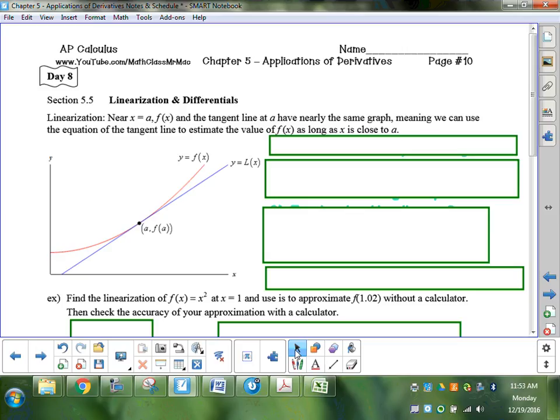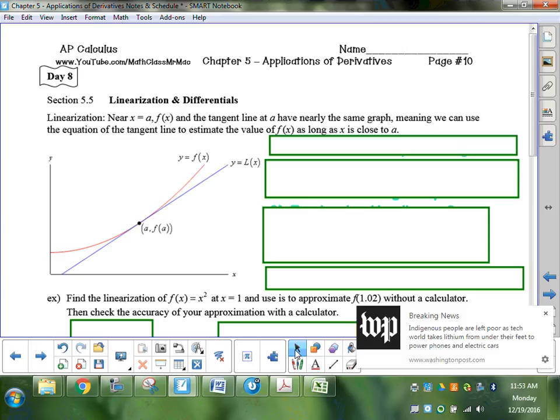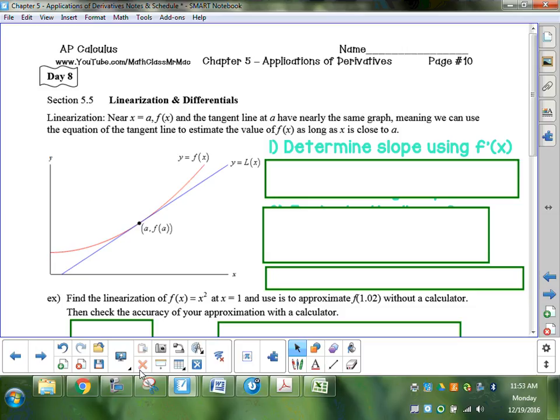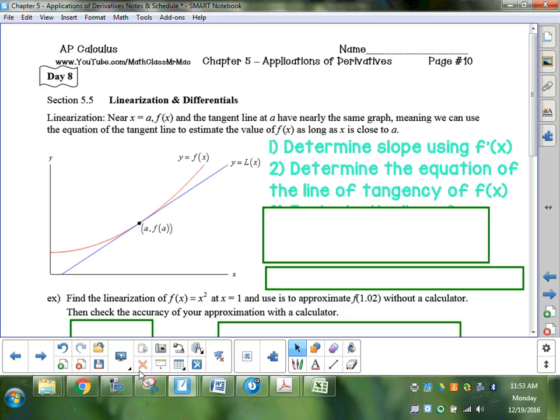Now, the further I go away from the common point that they share, the point of tangency, the worse that approximation gets. But for our purposes today, step 1 is to determine the slope using the derivative. Probably going to want to write it down. The second step is to determine the equation of the line of tangency at that specific value.